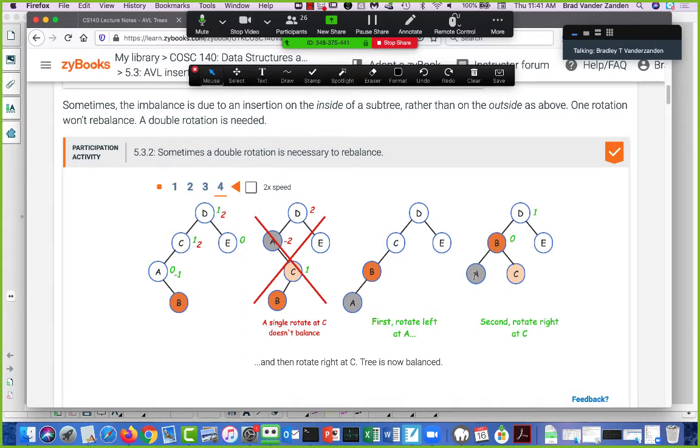When we compute our balance factors, B is now in balance, and D's height differs by no more than 1. So the whole tree is rebalanced. So we call this case a zigzag. This case is called a zigzag case.